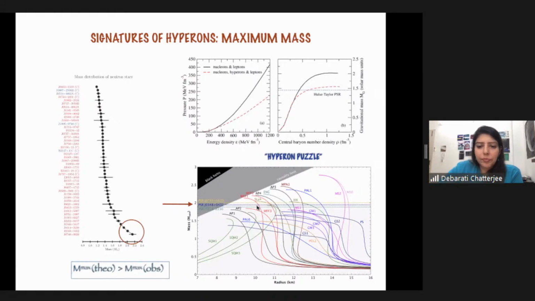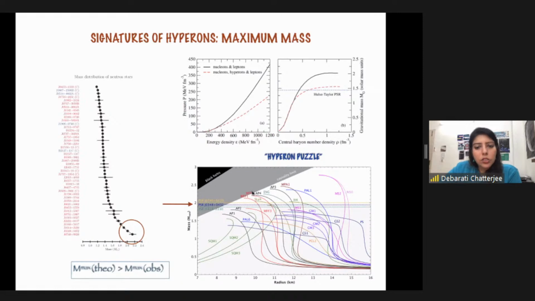So I was mentioning here, there are these stable and unstable branches. This is all defined by the change of pressure with the change of energy density, right? So this is the segment where you have stable configurations where dP/dE, or the speed of sound squared, is less than the value defined by the speed of light.